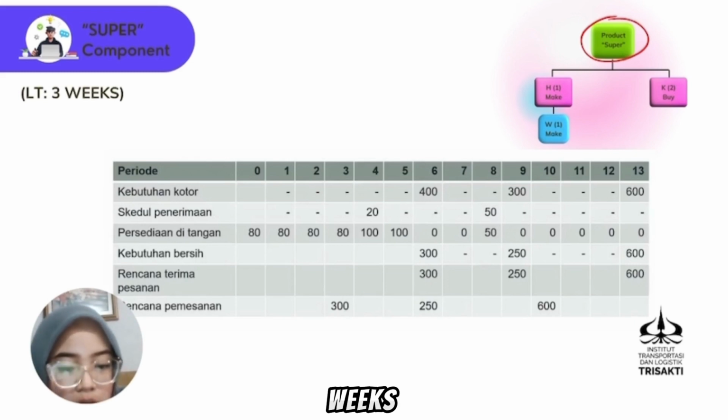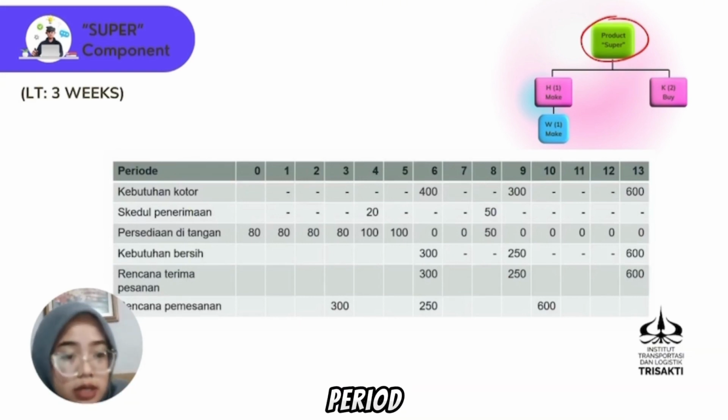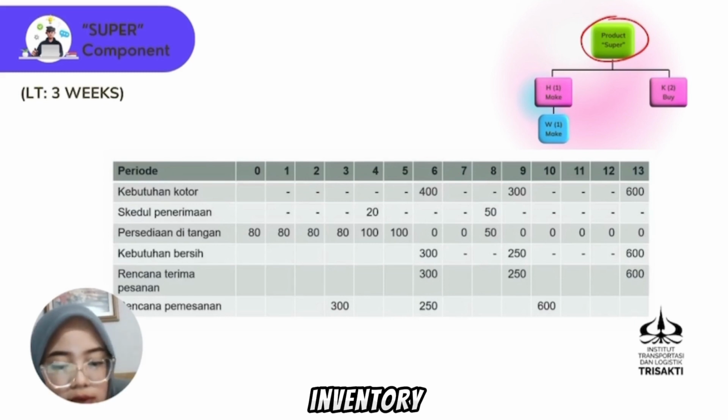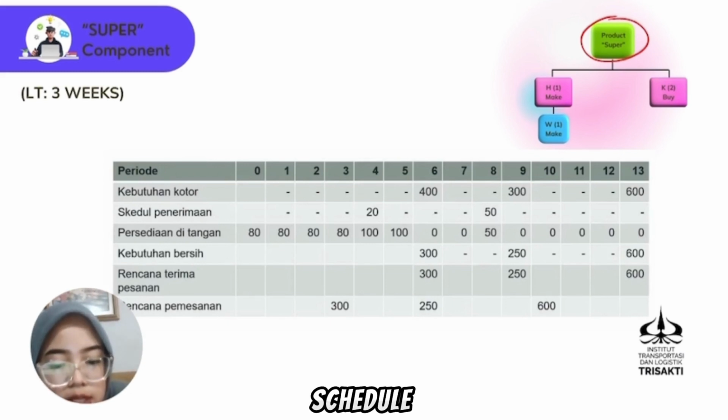In weeks 1 until 3, there is no gross requirement or schedule for receiving goods, meaning that the inventory on hand remains as it was at the beginning, 80. In the fourth period, the inventory on hand becomes 100 because there are 20 goods coming that are written in the receipt schedule.